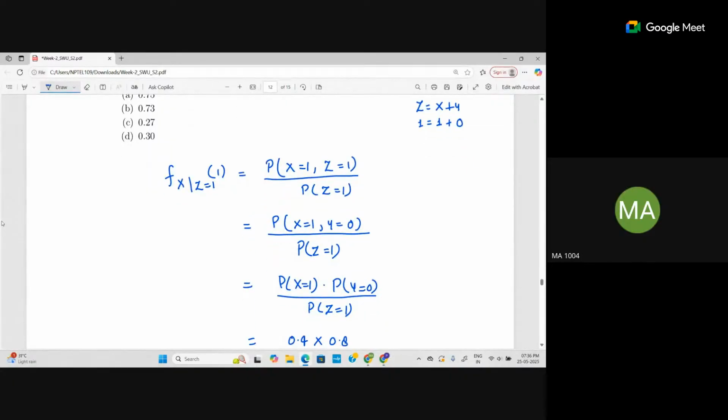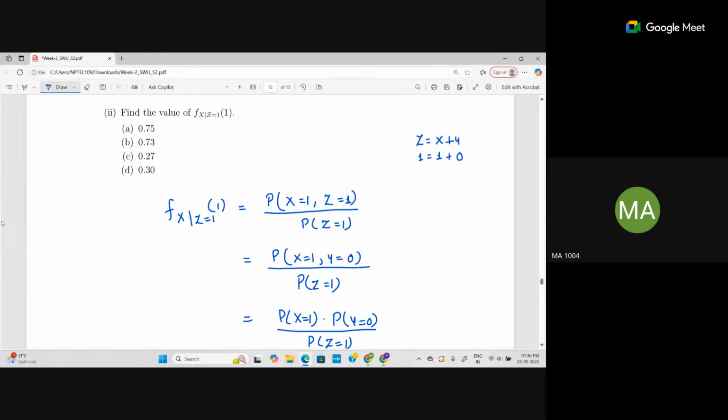See, we have removed Z because Z is equal to X plus Y. Z is equal to 1, that is given, and X is also equal to 1, that is also given. Now this condition will only be satisfied when Y is equal to 0.